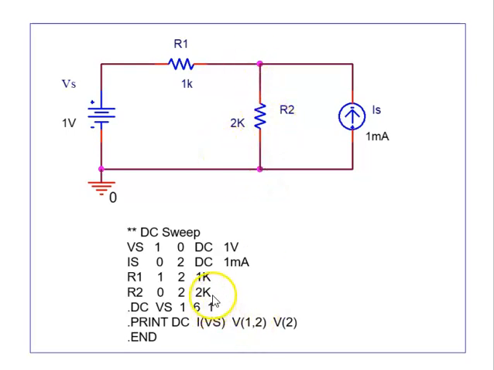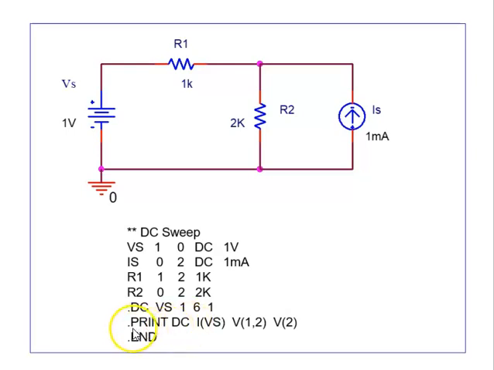2K. Then which analysis are we going to perform? DC analysis. So the command for DC analysis is .dc, due to the voltage source VS. We will perform the DC analysis from 1 volt to 6 volts with a step size of 1 volt.